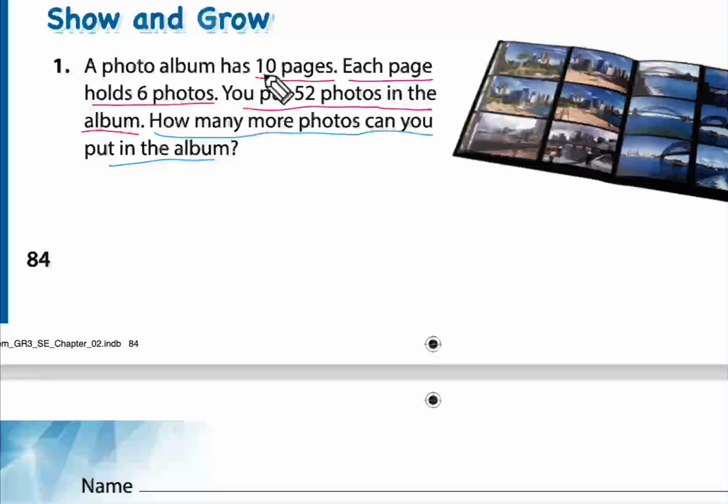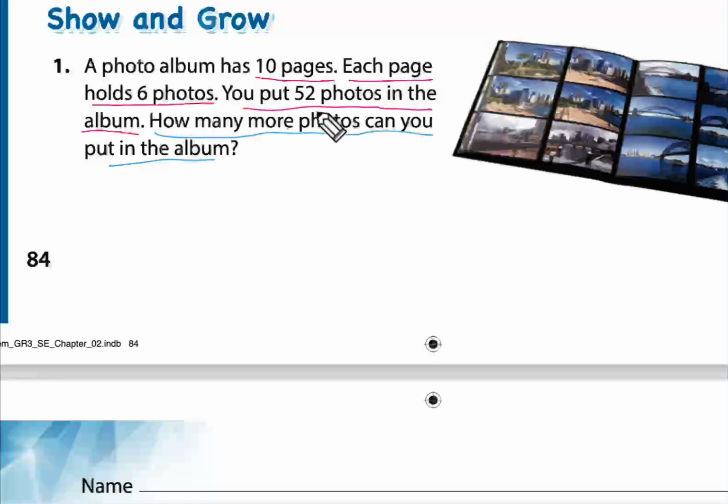So the first step is to find how many photos you can put in the album in all. It is the number that we get when we multiply 10 times 6, because each page holds 6 photos. So this is the first step, multiply 10 by 6.